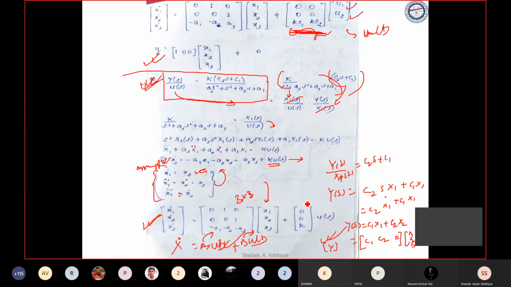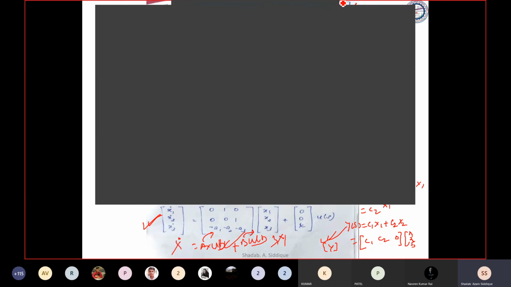Number of output. Simulation is like that, they will take. Okay.